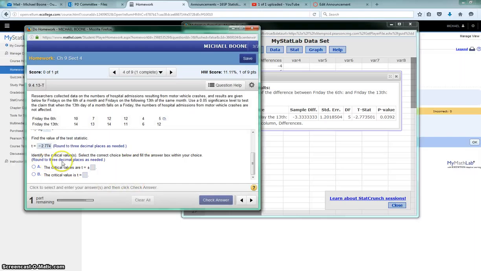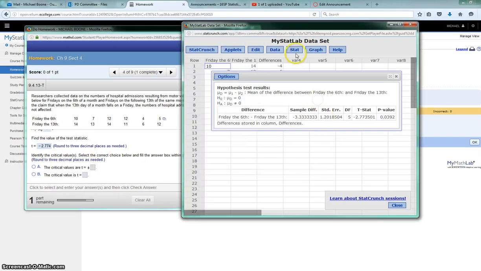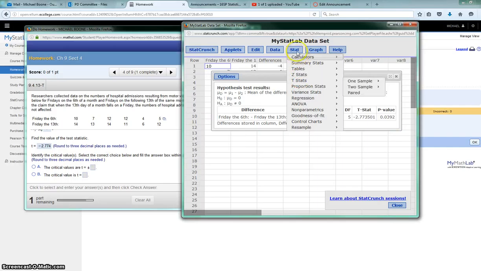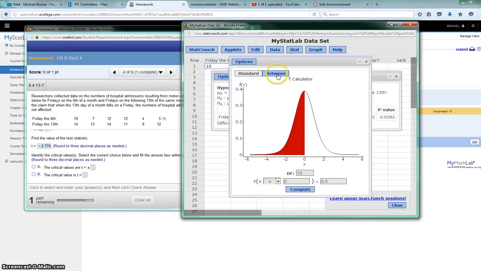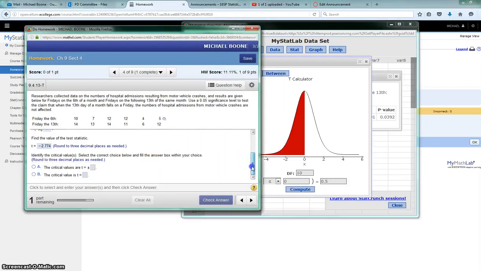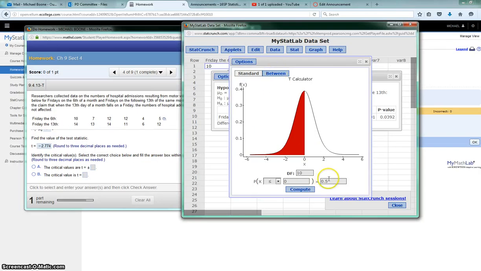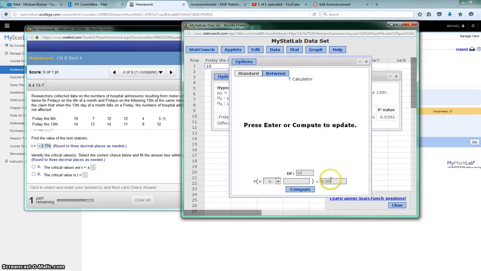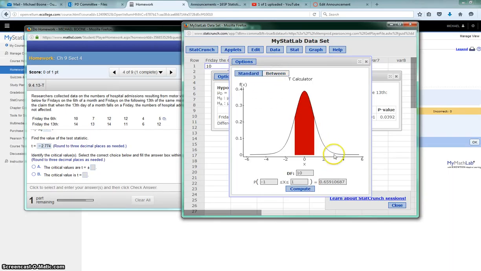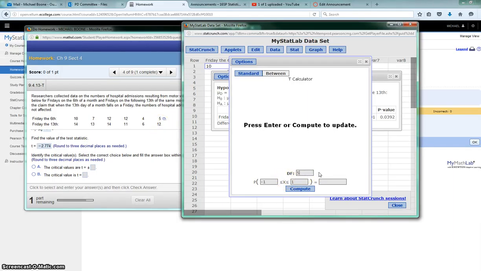And identifying the critical values. So in this one we could look at our calculator and our T calculator. Since our alpha is 0.05, I'm looking for a 95% between, right? And my degrees of freedom, if I have 1, 2, 3, 4, 5, 6 differences, then my degrees of freedom is 5.